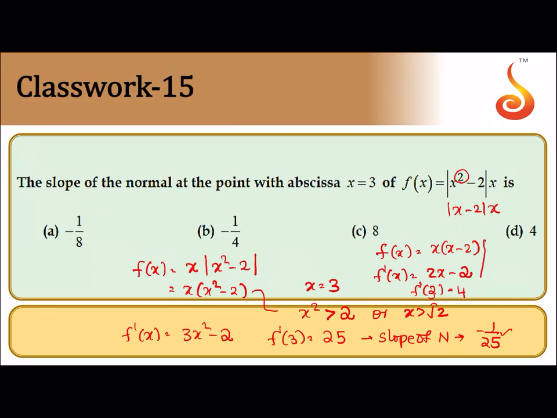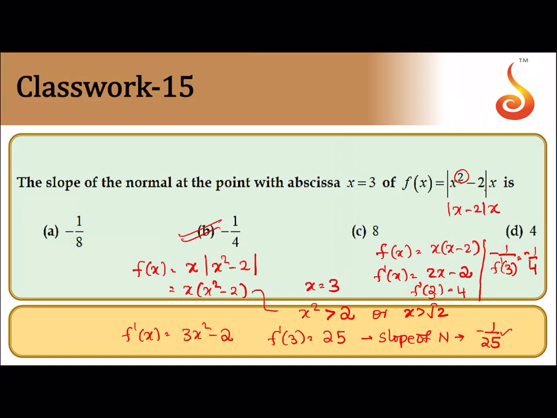Then f of x is equal to x into x minus 2. Then f dash x will give you 2x minus 2. If we put 3 here, 3 2s are 6, minus 2 will give you 4. So f dash 3 is equal to 4. Slope of a normal is minus 1 by f dash 3, which will give you minus 1 by 4.